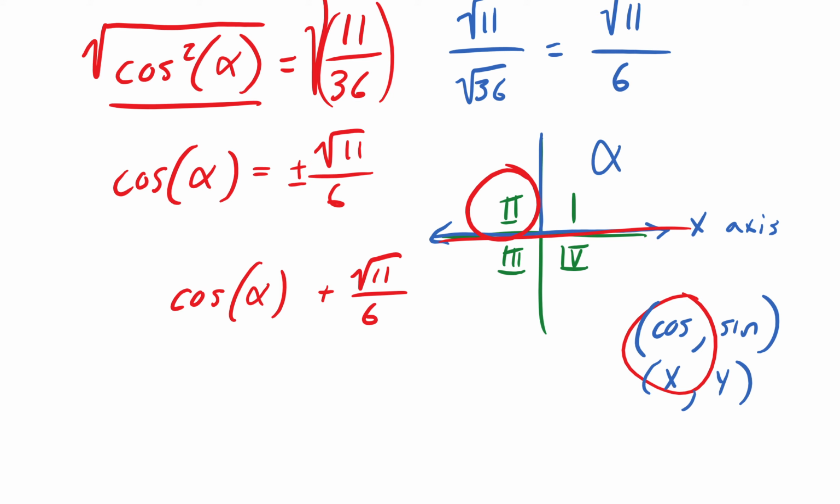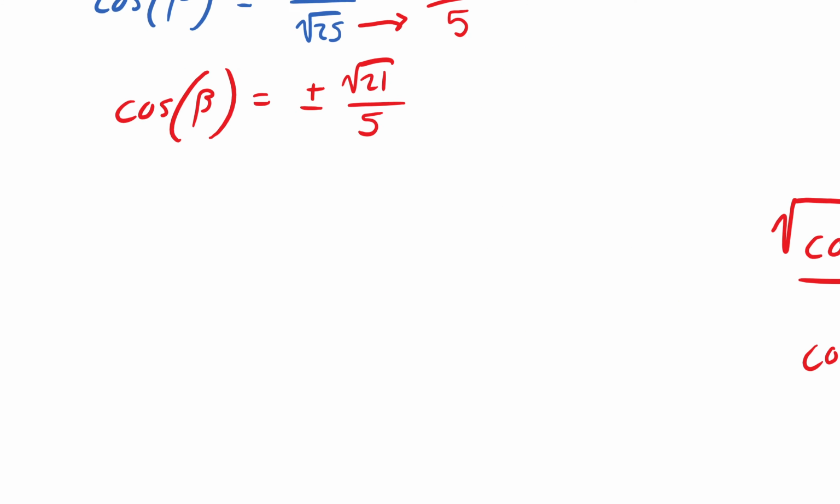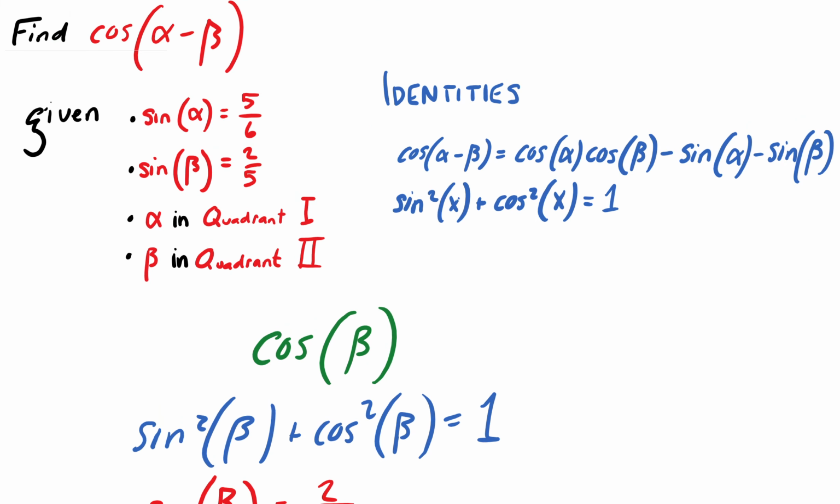So that's a nice little rule of thumb. So finally, cosine of beta equals negative root 21 over 5. So now we can start putting this stuff together.